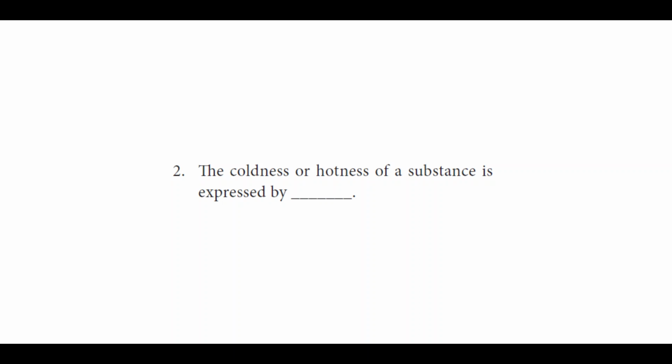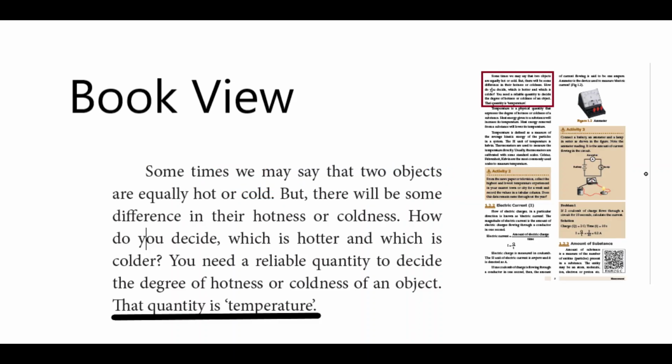Next question. The coldness or hotness of a substance is expressed by dash. So what was mentioned in the book, we are going to see. It was in this page. I have shown that page in the right side of the part.